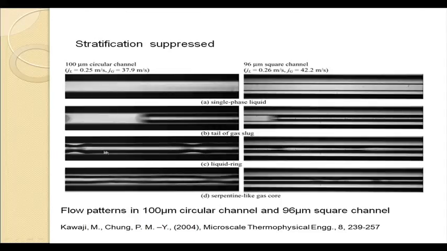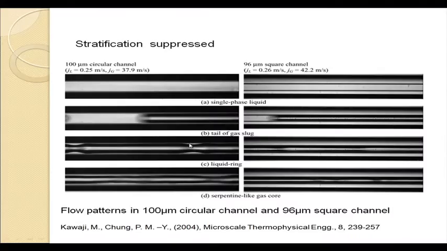The gas liquid interface is marked by a waviness of smaller amplitude, a periodic interfacial wave, and at regular intervals the gas core forms a neck in a region where it is much narrower, and there the liquid appears as a ring. Because the liquid slug is not sufficient, it just appears to form a ring between successive Taylor slugs or Taylor bubbles. So this is known as liquid ring flow.